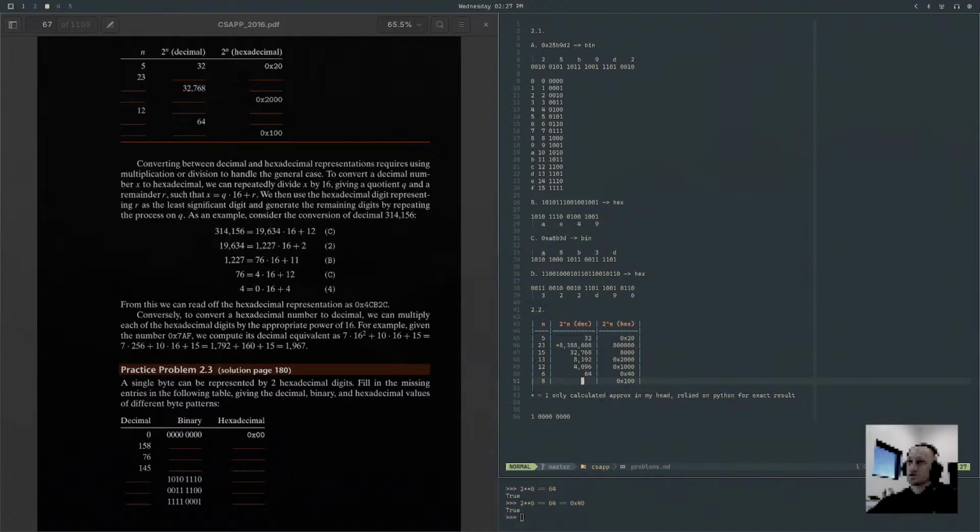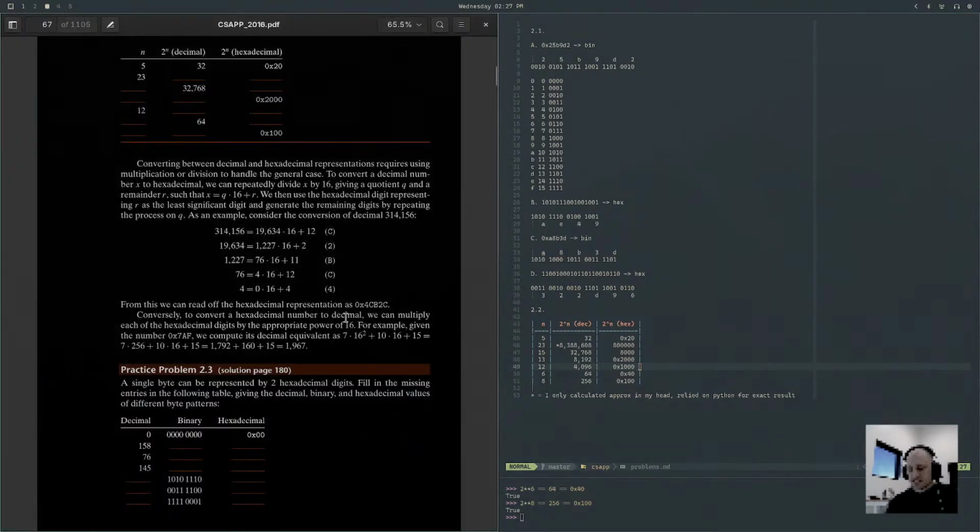That makes sense because it's the value right after 1 byte. So we got 2 to the power of 8 is equal to 256, which is equal to 0x100. All right, that table's done.